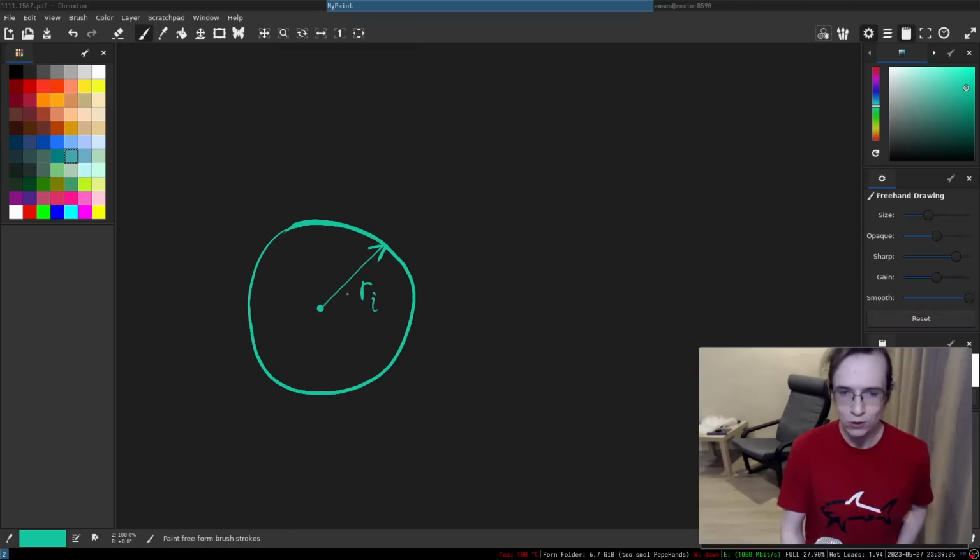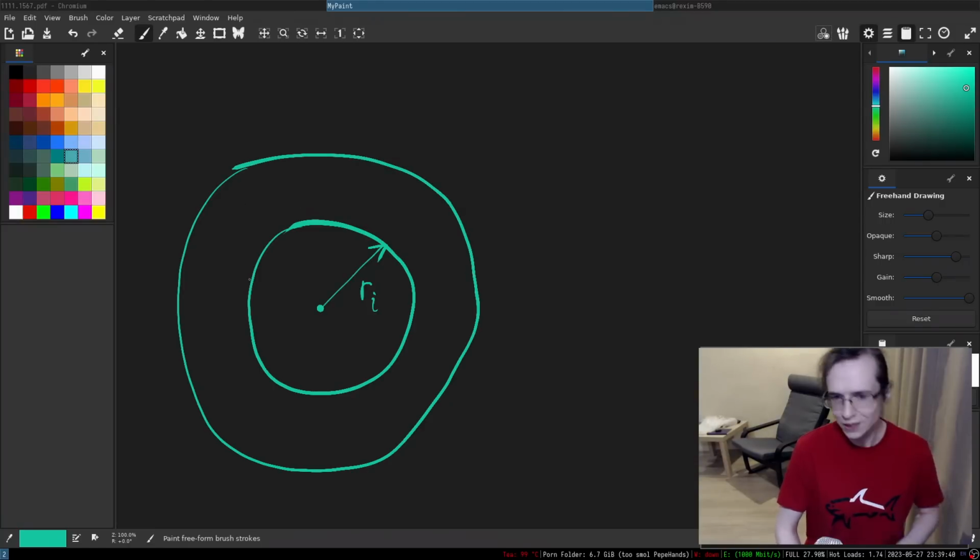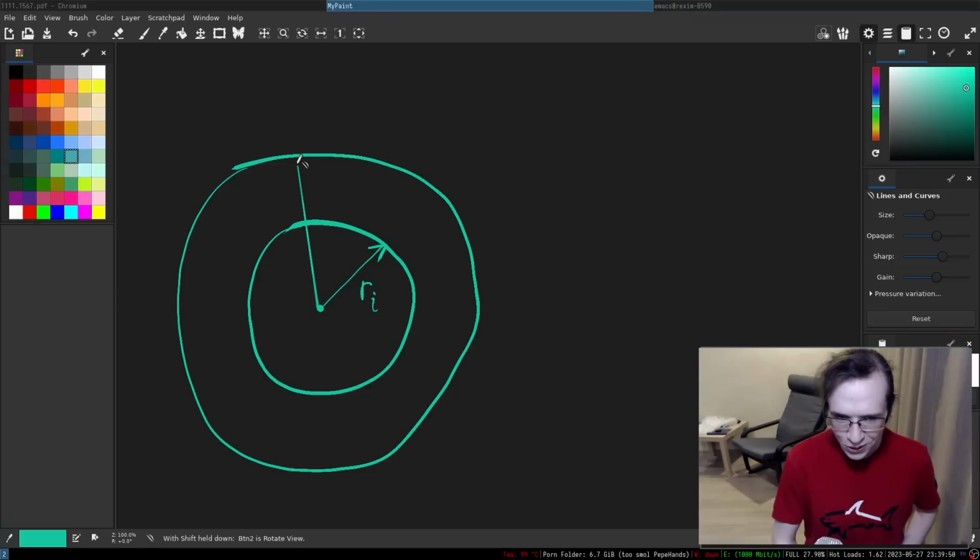Then we have the outer radius of the ring, like this. I can't draw this. It's not particularly even, but it is what it is. I apologize for that. So this is basically the outer one.